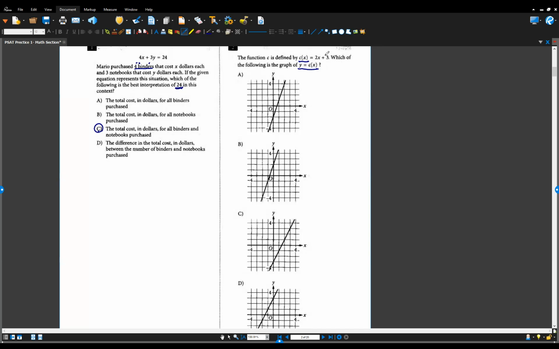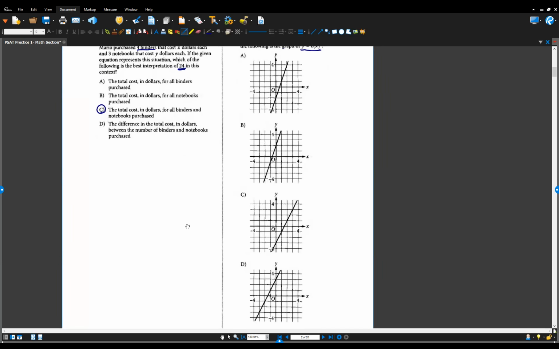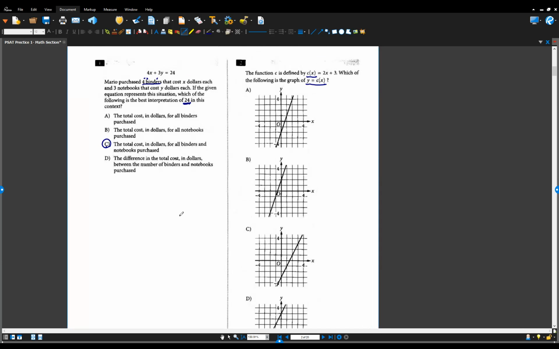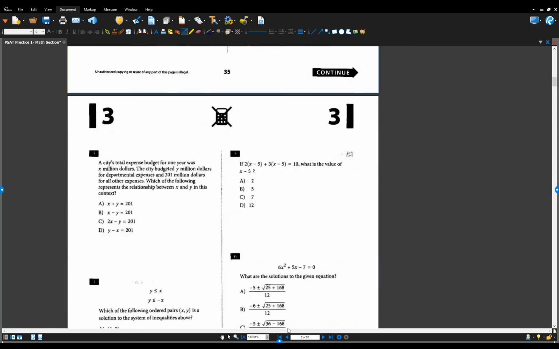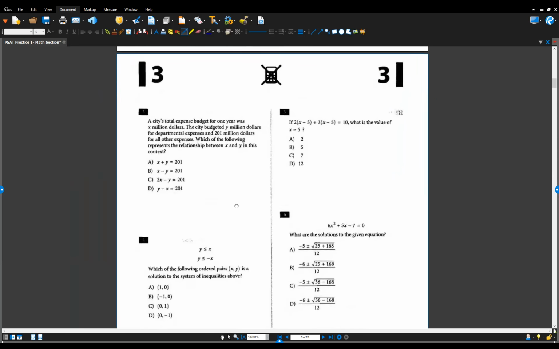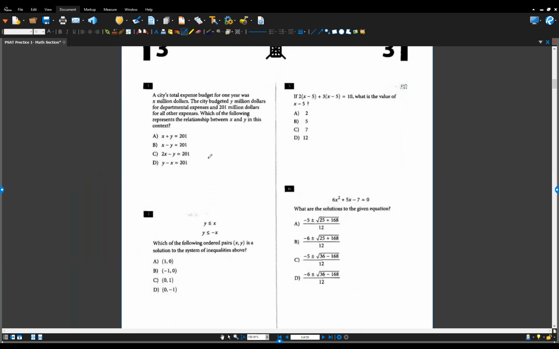What is the answer? Is it D? Yep, D is correct. The y-intercept is 3, the slope is 2. This is the y-intercept, this is 3, this is 1.5, so 3 over 1.5 is 2.